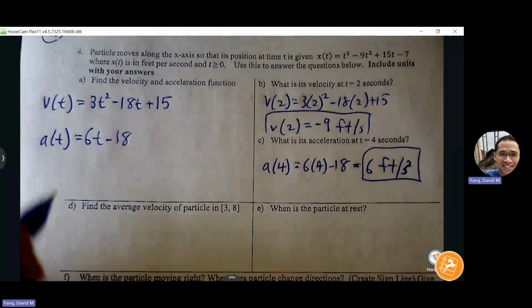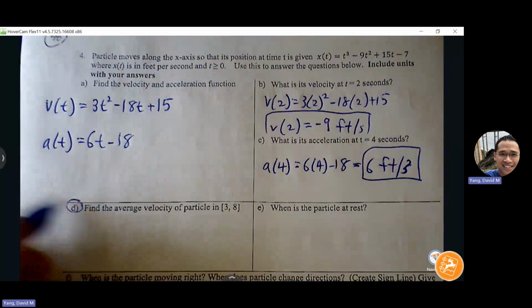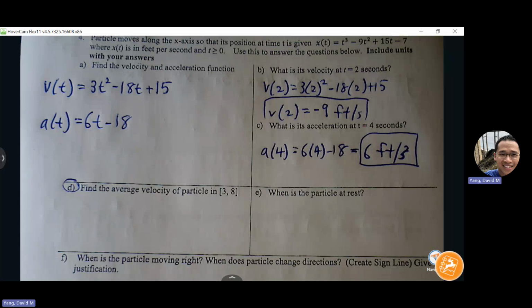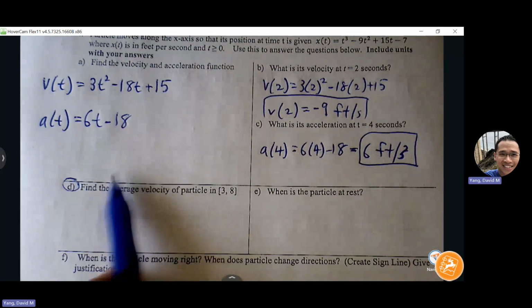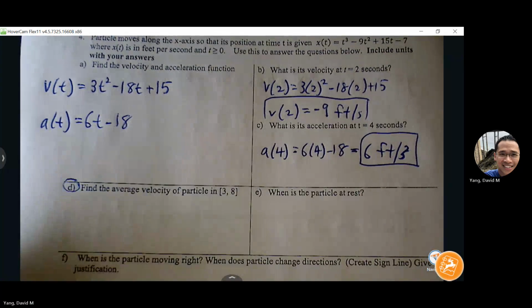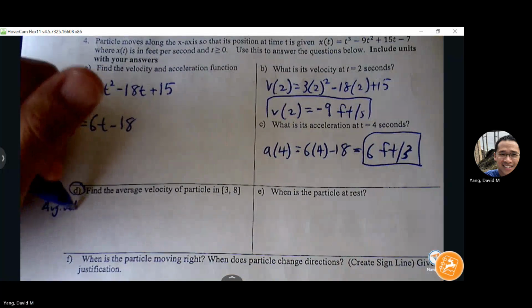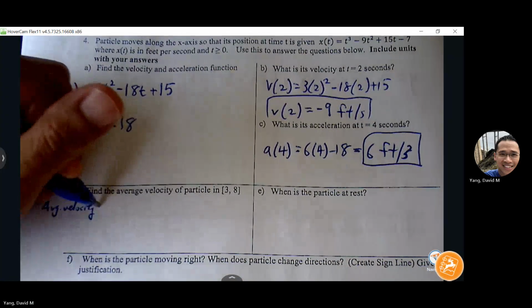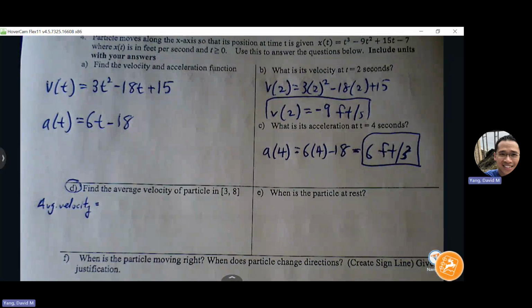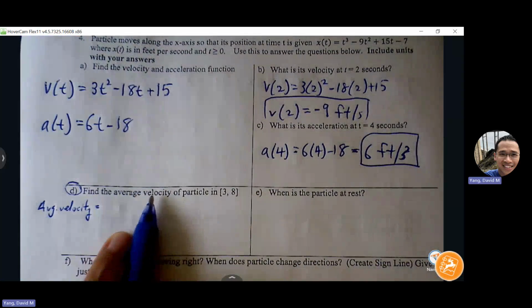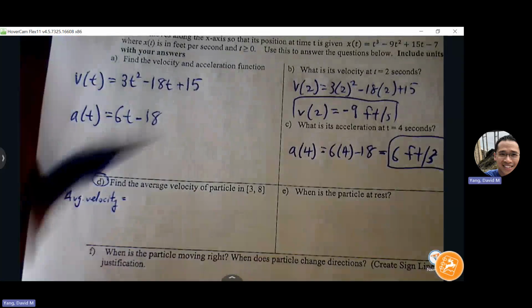Okay, this is the trouble spot that many students experience. Find the average velocity of the particle between 3 and 8. What is the formula for average velocity? Yeah, change in position over change in time. We do not touch the velocity function, even though you see the word velocity there.